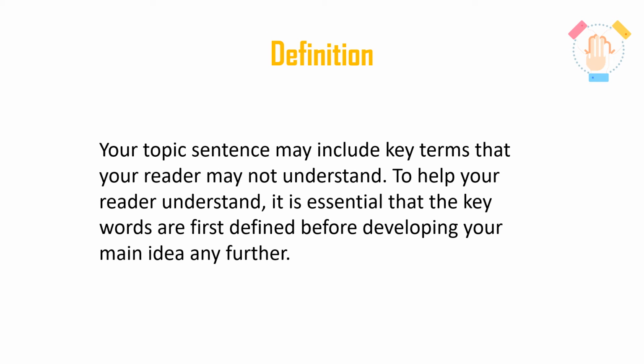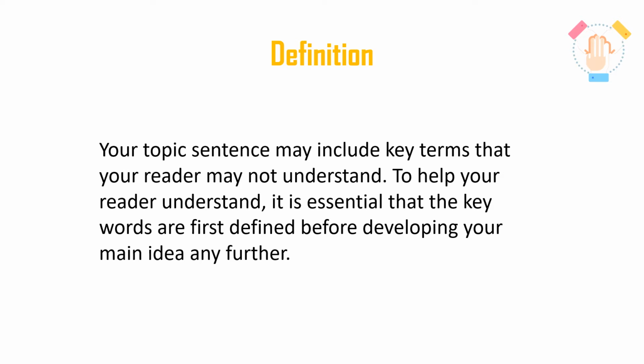The second way of clarifying the main idea is by providing a definition. Your topic sentence may include key terms that your reader may not understand. To help your reader understand, it's essential that the key words are first defined before developing your main idea any further.